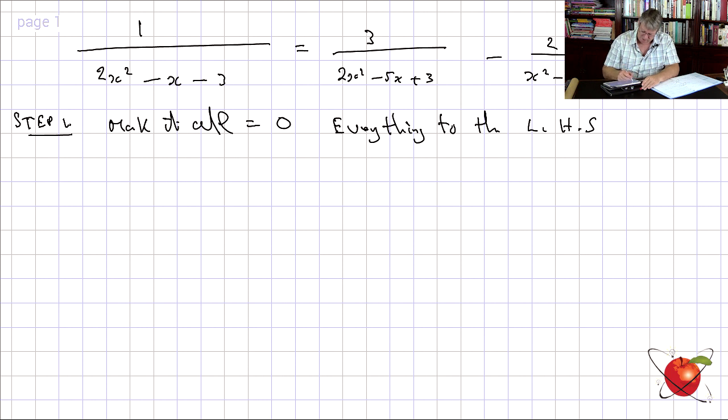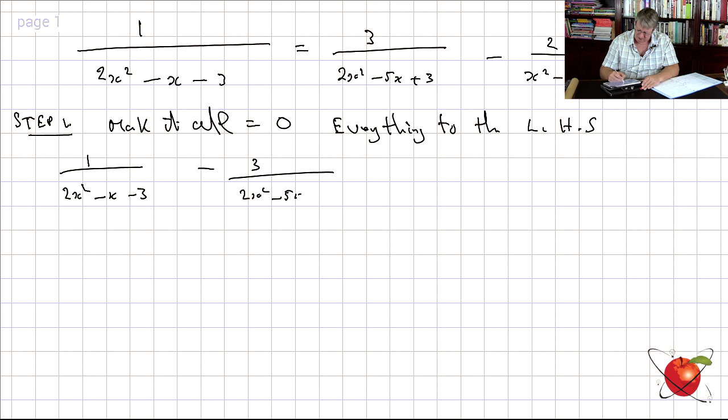So let's do that. 1 over 2x squared minus x minus 3 minus 3 over 2x squared minus 5x plus 3 plus 2 over x squared minus 1 equals 0. Done.